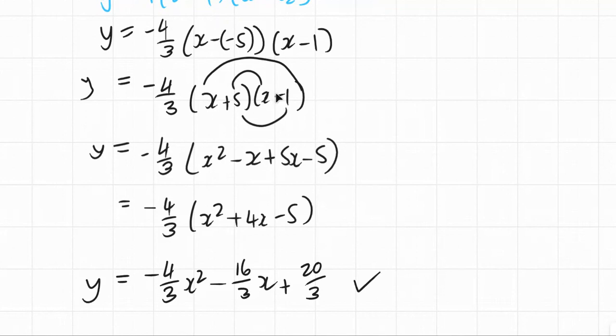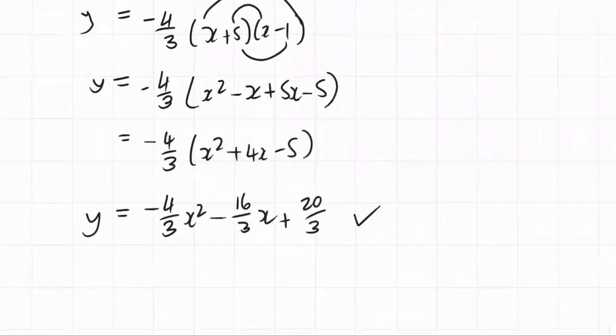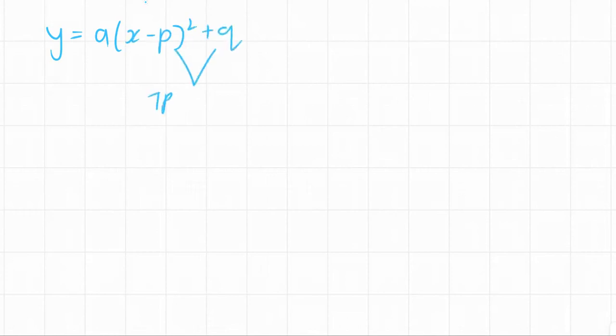Now we're going to take a look at the turning point form method. So for turning point form, we had this, y equals a, again, don't assume that's the same a, although in the other one it turned out to be so, x minus p squared plus q, where p and q is our turning point.